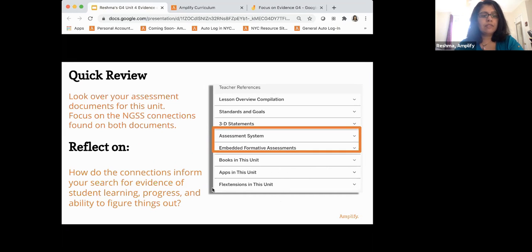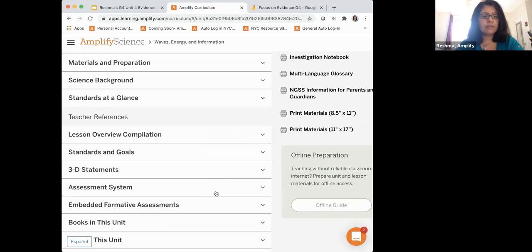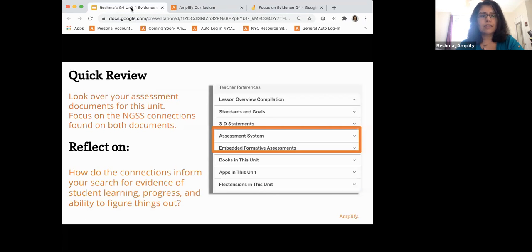Think about how the connections inform your search for evidence of student learning and their ability to figure things out. Particularly, you are looking at the assessment system document and the embedded formative assessments, and also remind yourself of the learning progression for this unit. After you review those, we're going to engage in an exercise to look at the particular assessment opportunities in this unit. So let's take a few moments to do that.